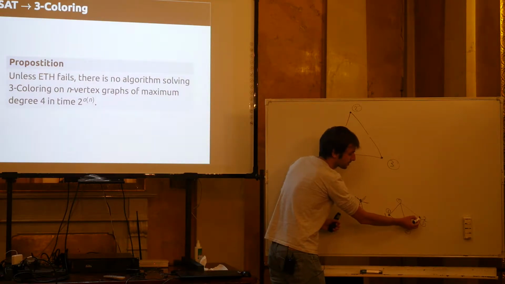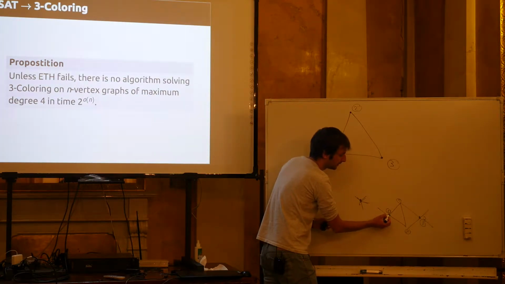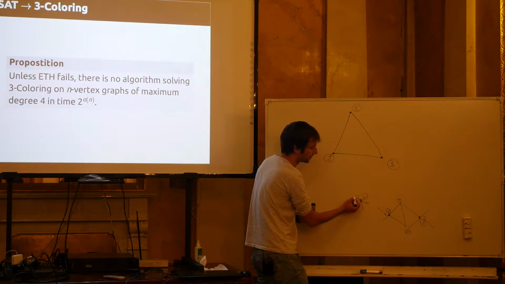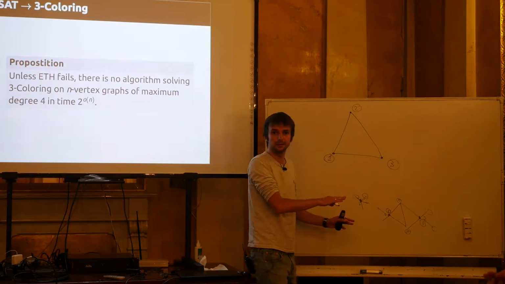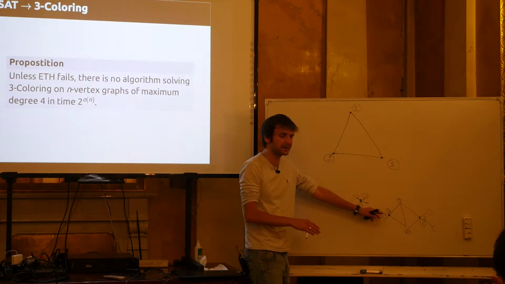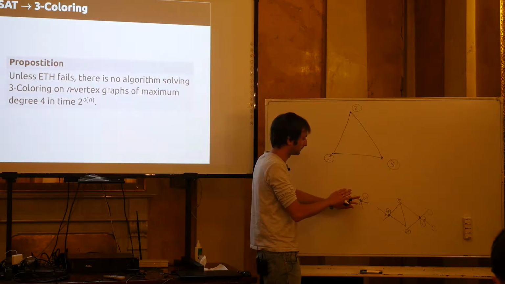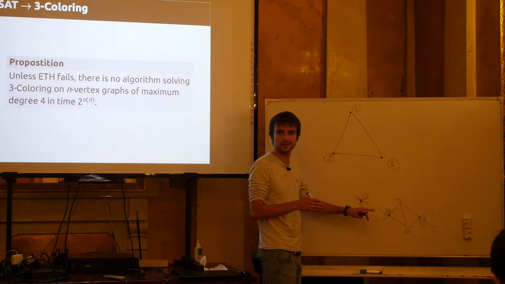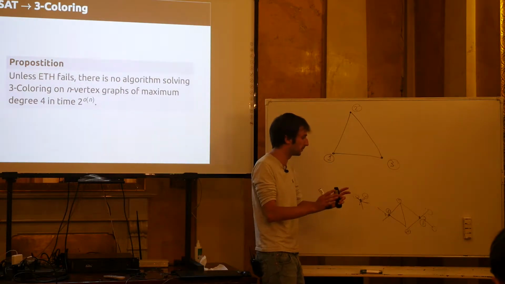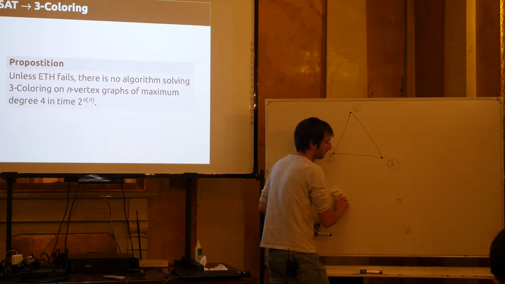Each vertex has degree 2 so far, and again, I can draw these 2 neighbors here and these 2 neighbors here. It didn't help me here, in this example, because I still have degree 4, I didn't reduce it. But now we'll see how to actually do it for degrees greater than 4. Does it make sense? I just want to split one vertex into a couple of ones with the guarantee that they are all colored the same color.